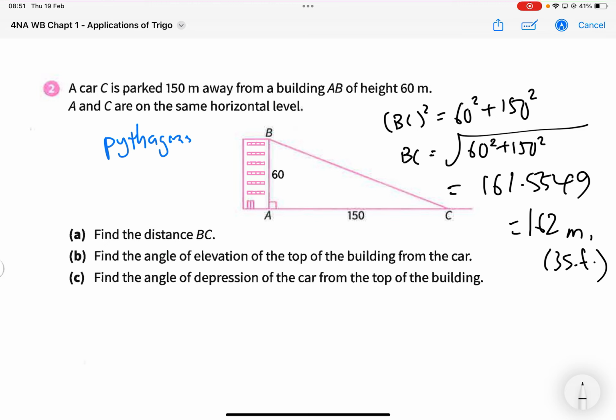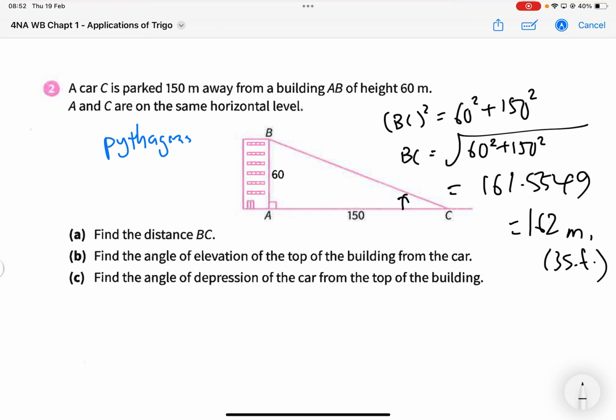Angle of elevation of the top of the building from the car. So car is here. Top of the building is here. Building from the car, then measured from the horizontal. So they are asking us for this angle, ACB. So they are asking us for this angle, angle of elevation, here, then from here, from the horizontal of here.